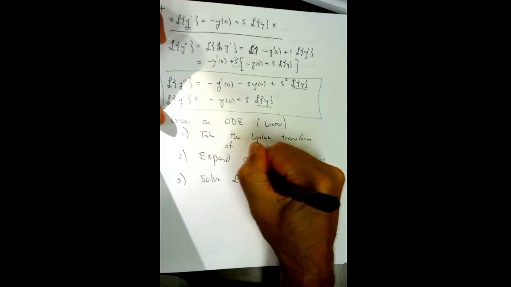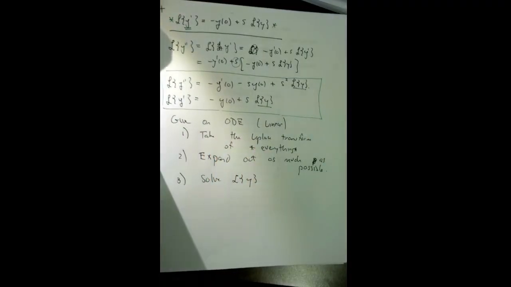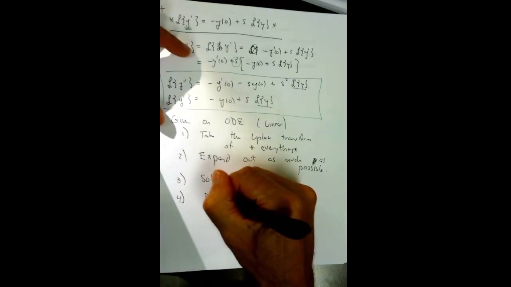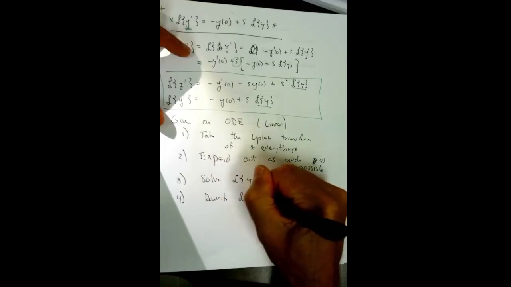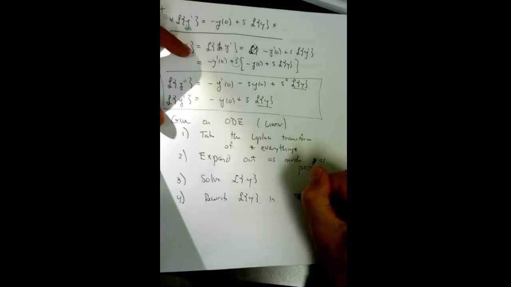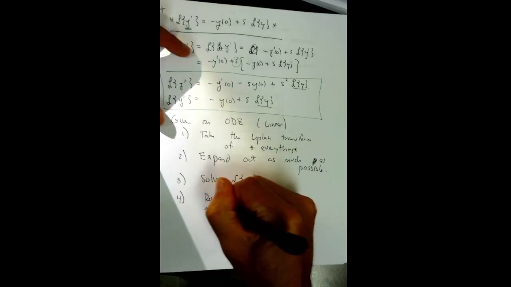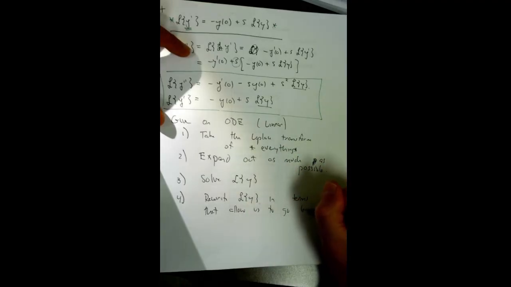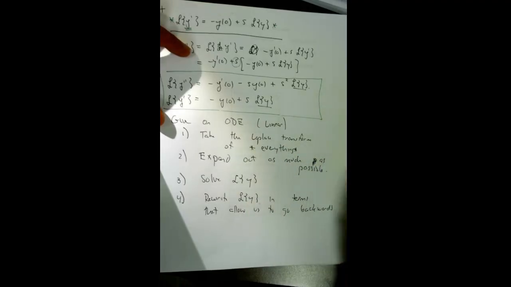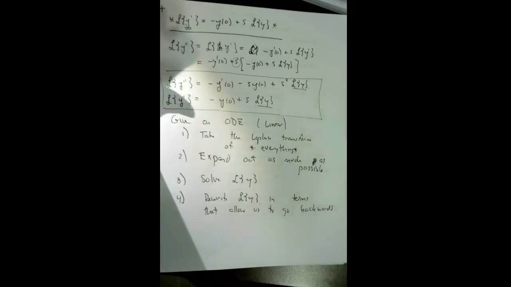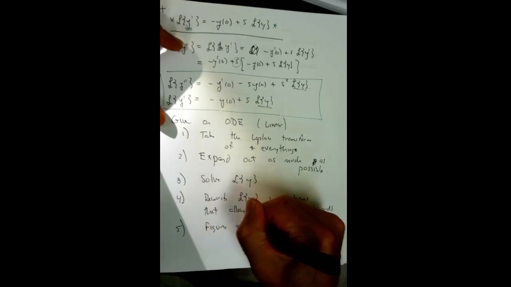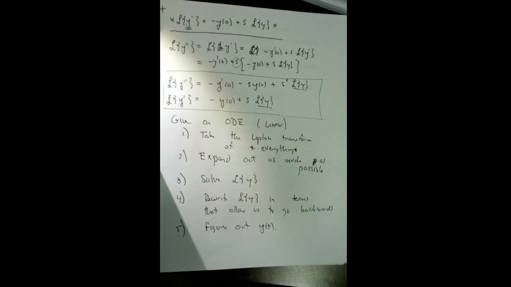Then we're going to do the algebra to solve for the Laplace transform of the function we're looking at. Once we do that, we can rewrite the Laplace transform, and we're going to do it in a way so that we can go backwards in terms of finding the inverse Laplace transform. And so when we have that, we can figure out what our function is.